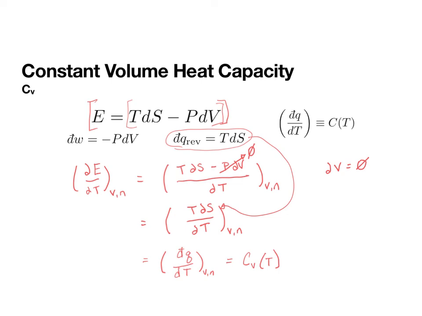This gives us a couple of important relationships. One is that C_V(T) is equal to the partial of E with respect to T, holding V and N constant. The other is that dq is equal to C_V dT.